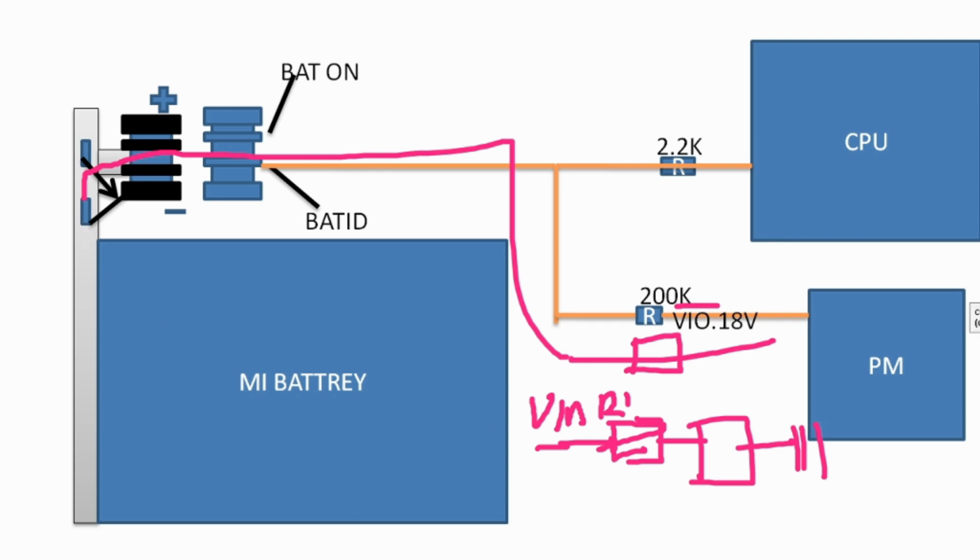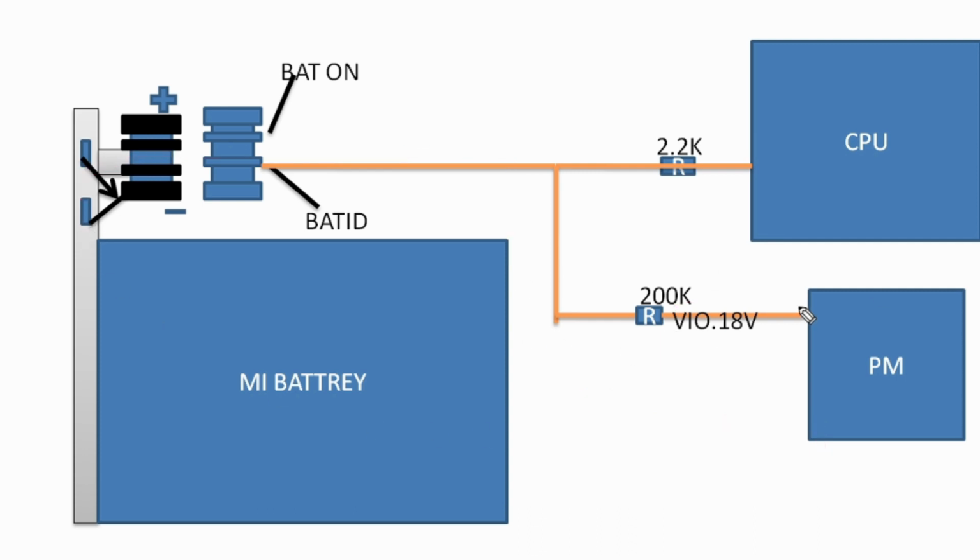Now when the divider circuit works, that is, when you turn on your phone or connect your charger, after the power IC gives 1.8 volt to this line and the battery is connected, the divider circuit works and the output will be dropped at this point. When the output drops, the CPU senses the battery is connected, right?